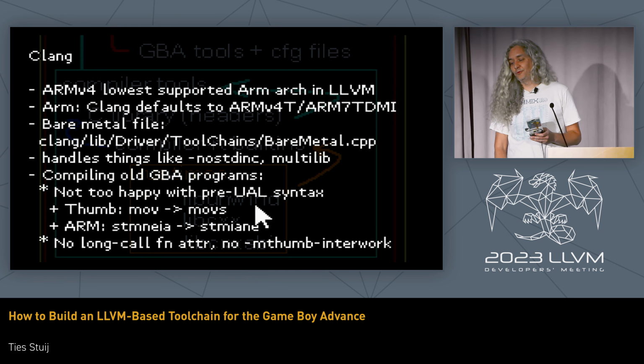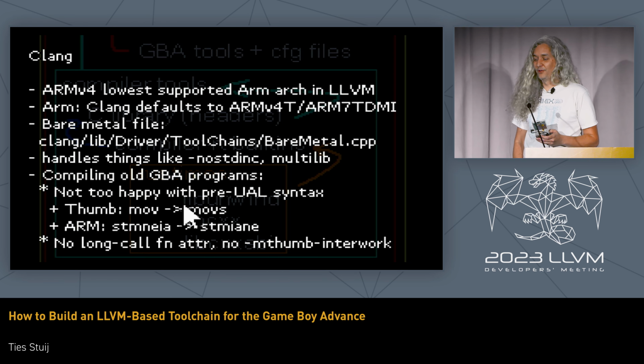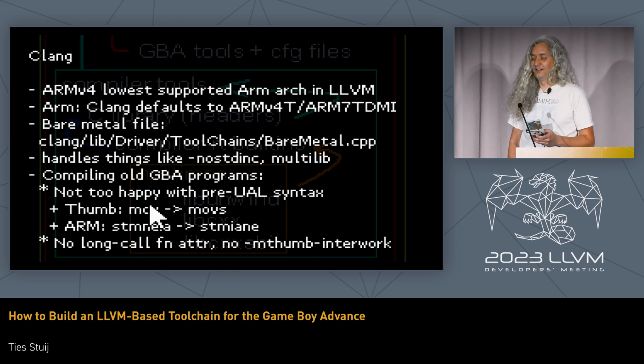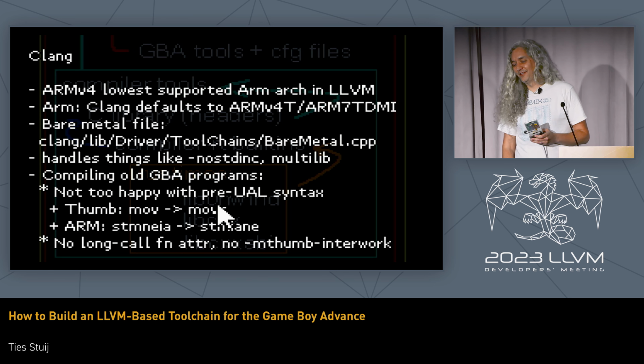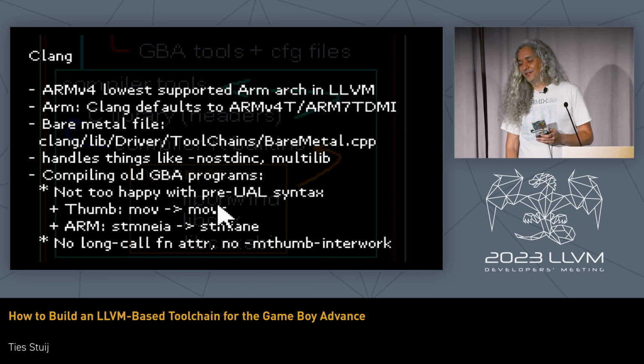This syntax doesn't exist for LLVM, so it uses a more modern syntax, and at some point I thought, oh, I'm going to hack in the old assembly syntax. First of all, it's a hassle, and maybe it's not the right thing to do. So just change your source code, I would guess.